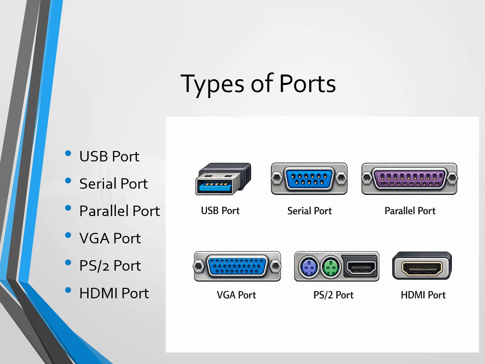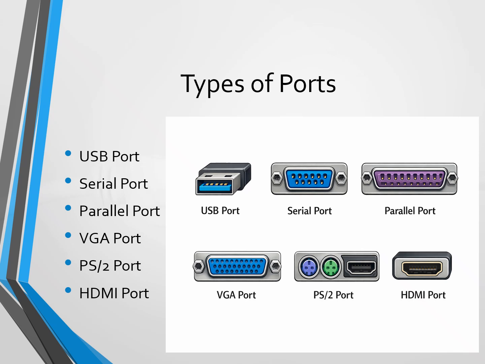So look at the pictures in the right corner. There is the USB port, the serial port, and parallel port. We use this to connect CPU and a monitor, right? In a traditional computing device, we use this port, right? Serial port and then the parallel port. The next one is VGA port.